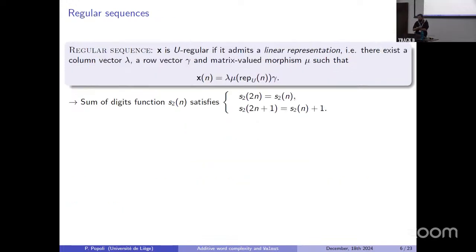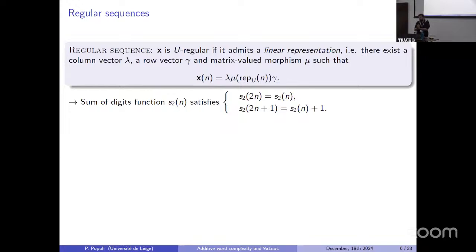Another generalization is regular sequences. A sequence is said to be regular if it admits a linear representation. This is a system of a column vector gamma, a row vector lambda, and a matrix-valued morphism mu, such that the nth value of the sequence is computed by this product of matrices.